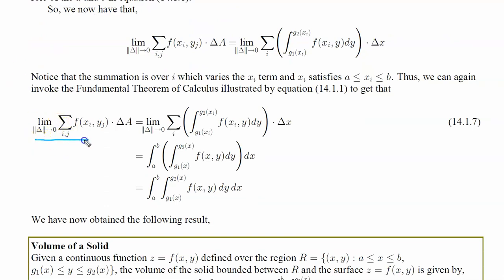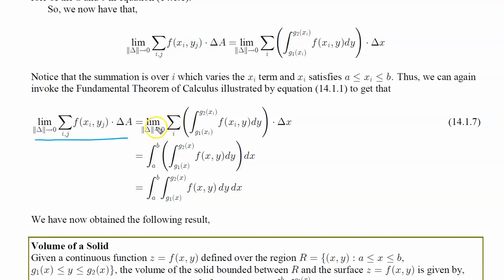So right here is our volume. And now what we've determined is that the inner summation in the limit will turn into this integral. Now, if we take the limit as the size of our rectangles goes to 0, that's going to mean that the number of partitions along the x and y axes go to infinity.